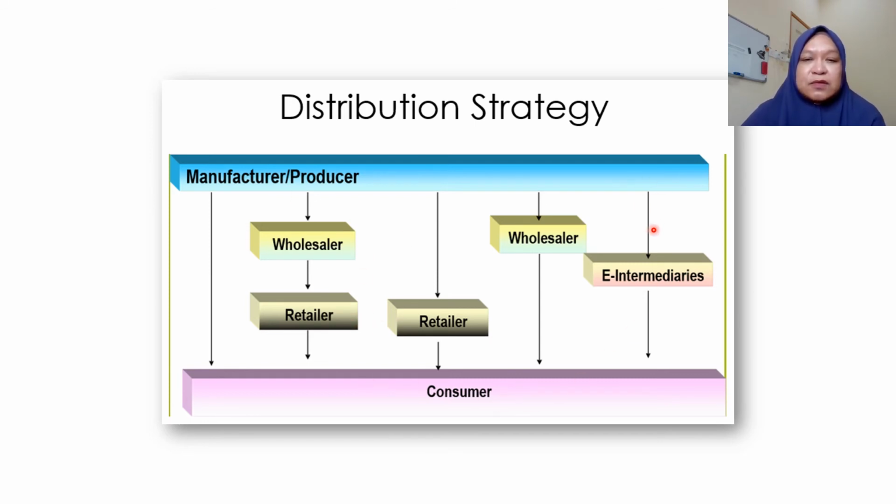Or you decide to use the e-intermediaries, for example Zalora or Fashion Valley. This company will put your product on their website, so the customer will buy it from there. Only choose one strategy.